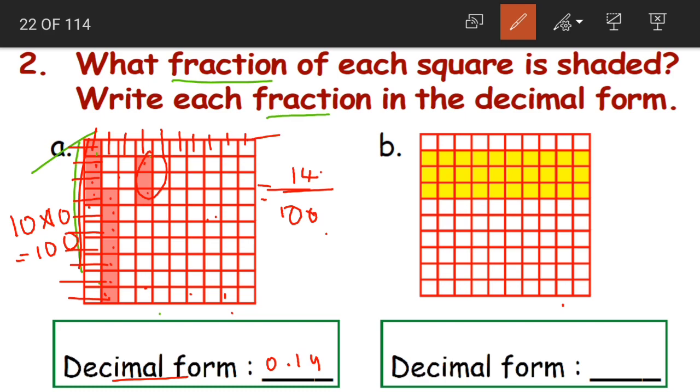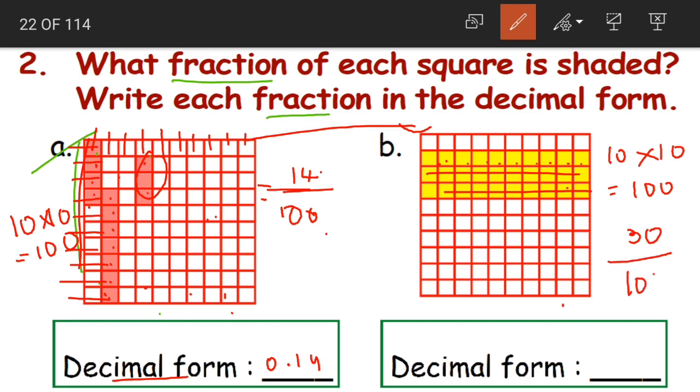Coming to figure 2, again see children, it is the same square with 10 rows and 10 columns. So the total number of squares becomes 100. And how many are shaded? 1, 2, 3, 4, 5, 6, 7, 8, 9, 10, 20, 30. 30 squares are shaded out of a total of 100 squares. So 30 by 100 becomes our fraction.